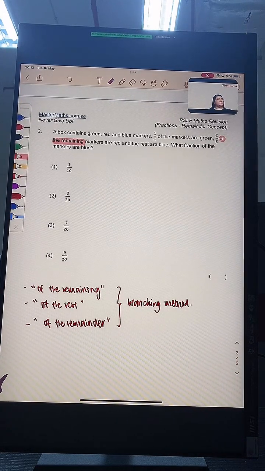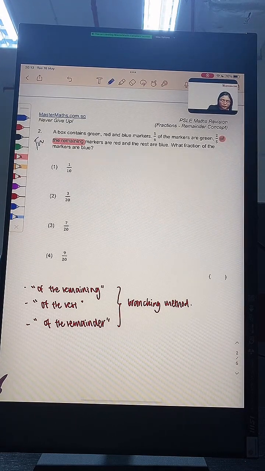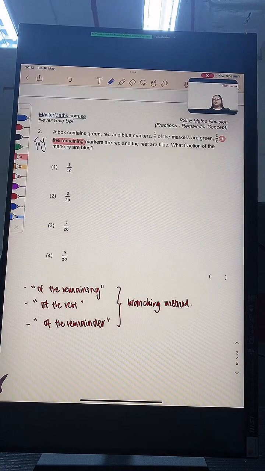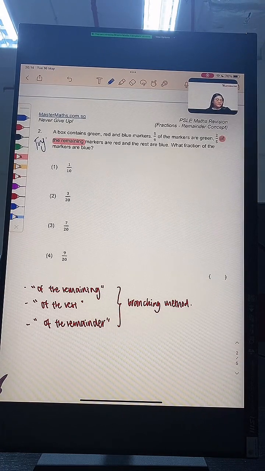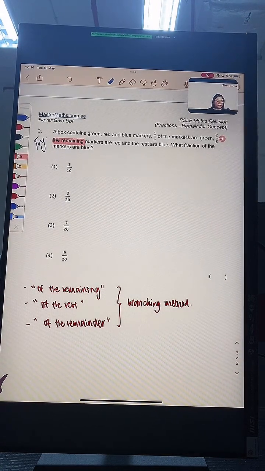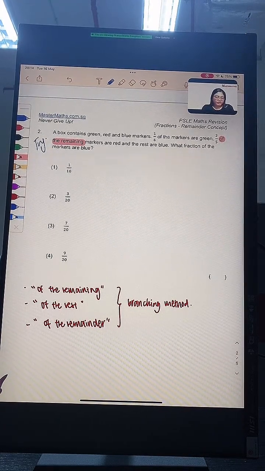Okay, so I am going to give you some time to try this question. For those of you who don't know what the branching method is, no worries, you can also use the model method. Try this question first using whatever methods that your school has taught you. And then I'll give you some time first before going through together. You can also discuss in the chat what you're going to do to solve this question.